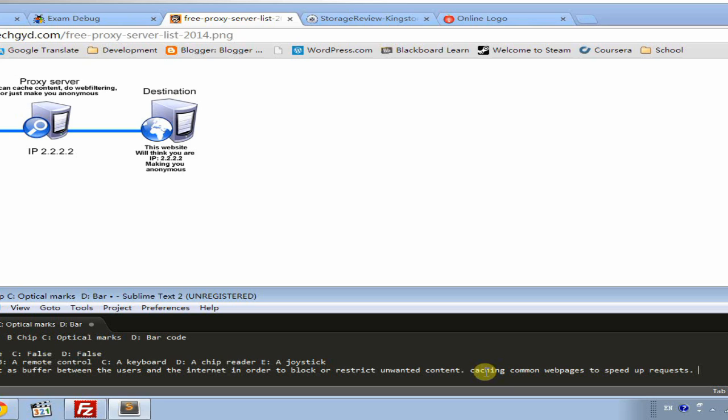We could also have it for when the school or a company wants to monitor internet usage. So by having this thing that's sending requests for us, we can keep our own records, and we can keep an idea of how the internet is being used.